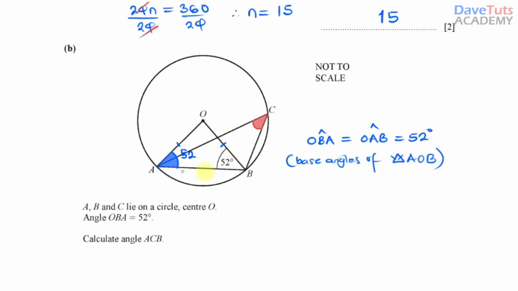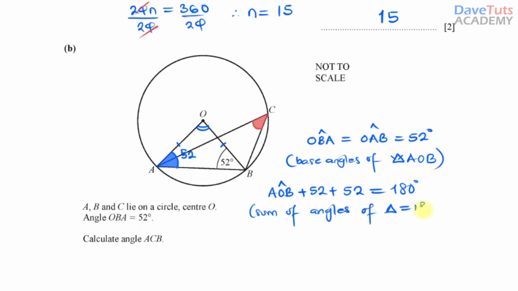Okay, so since that is the case, we can get angle AOB, because we know that AOB plus this 52 and this 52 constitute angles in a triangle. So we can say angle AOB, the angle at the center, plus the 52 angles that we had already, will actually constitute 180 degrees, because they are the sum of angles of a triangle, and the sum of angles of a triangle adds up to 180 degrees.